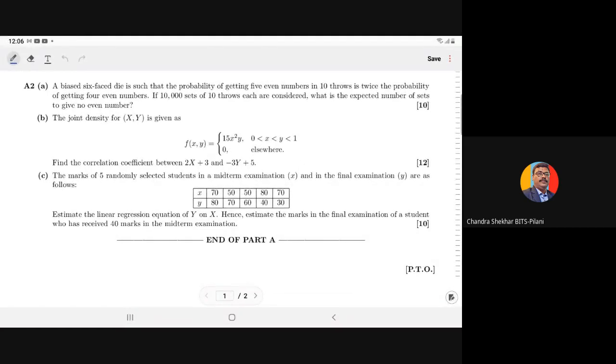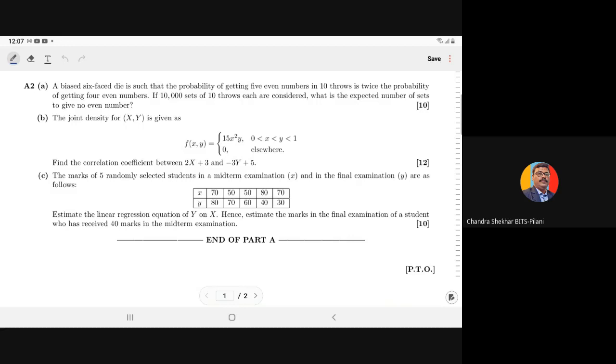Now part C of A2. The marks of 5 randomly selected students in a mid-term examination X and in the final examination Y are as follows. These are the marks out of 100. Estimate the linear regression equation of y on x.